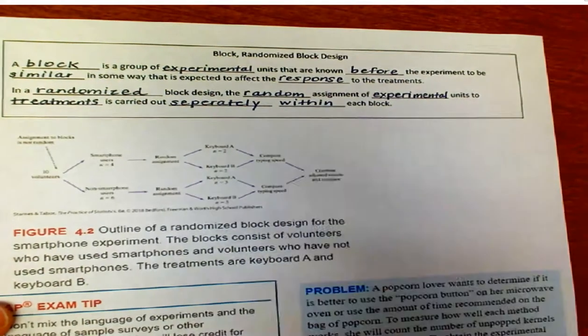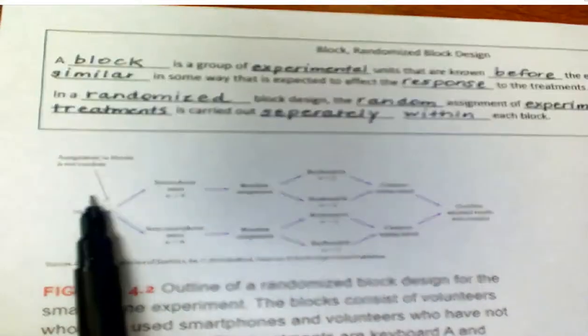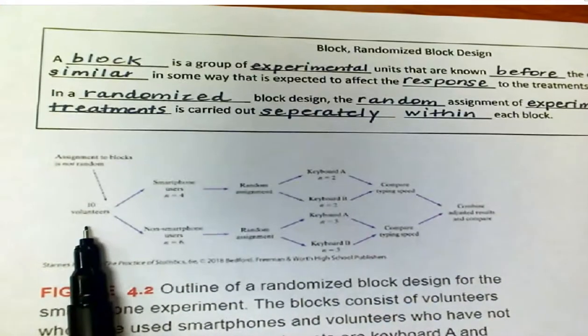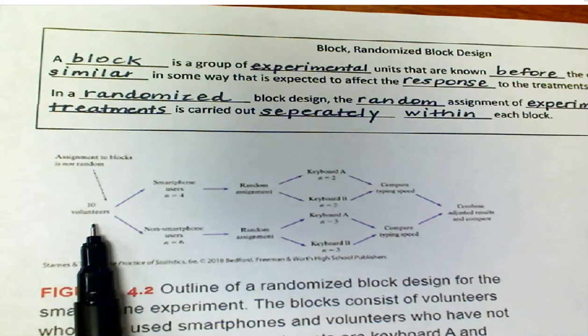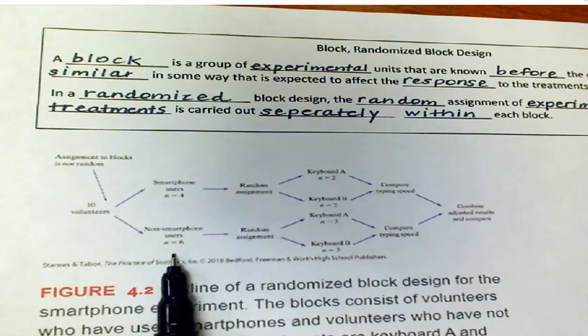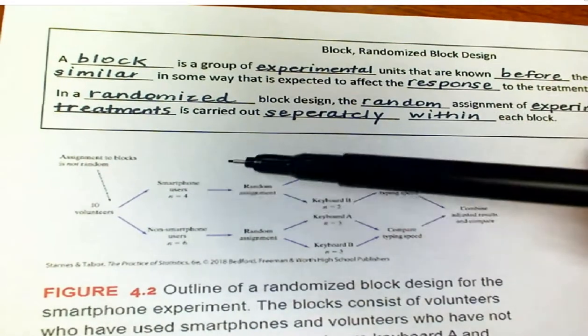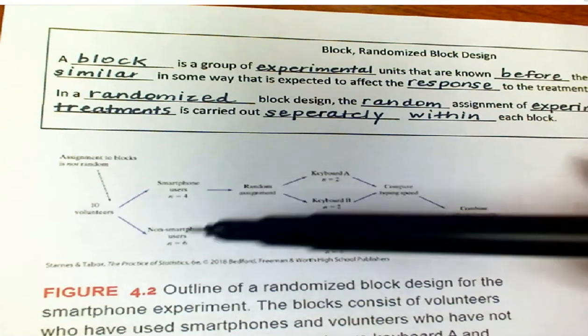So let's look at this diagram, and I think it explains it pretty well. You assign the blocks. You've got these volunteers, and this was about a smartphone. So you've got 10 volunteers: 4 of them have a smartphone and know how to use it, and 6 of them don't have a smartphone, so they're not sure how to use it. This is how we blocked them, whether they were smartphone users or non-smartphone users.